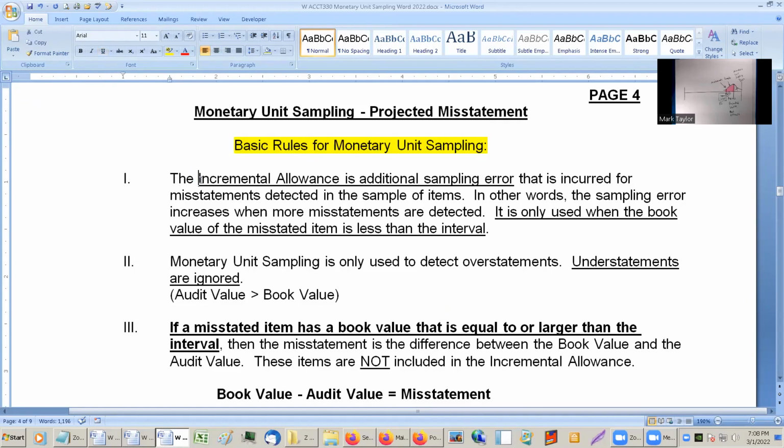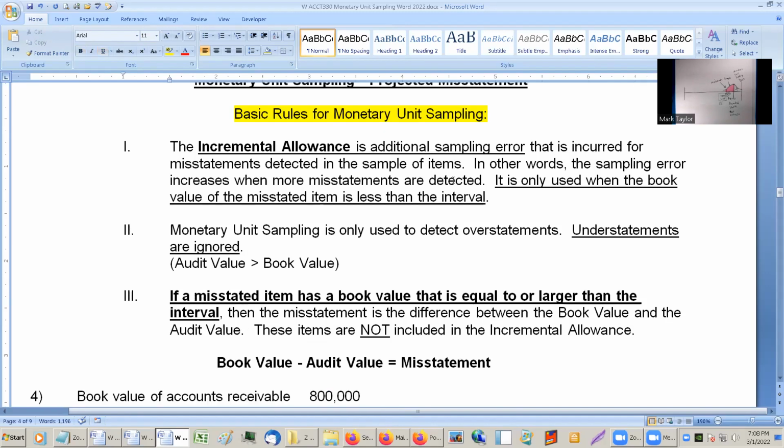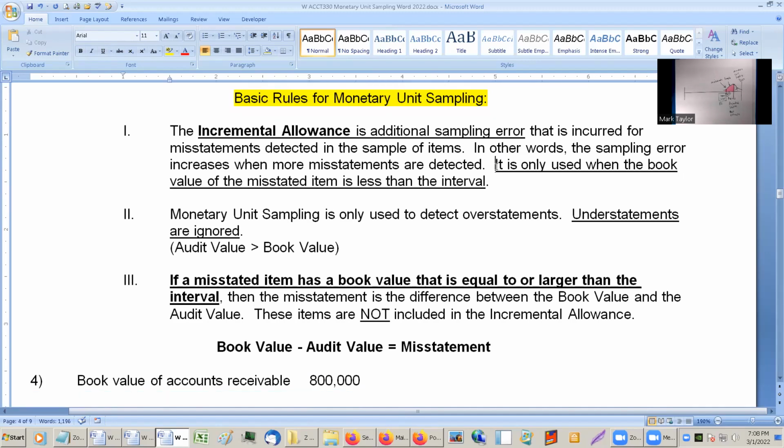Incremental allowance, that's what we're going to get into here. It's incurred when misstatements are detected in the sample items. In other words, sampling error increases when more misstatements are detected. It is only used when the value of the misstated item is less than the interval.